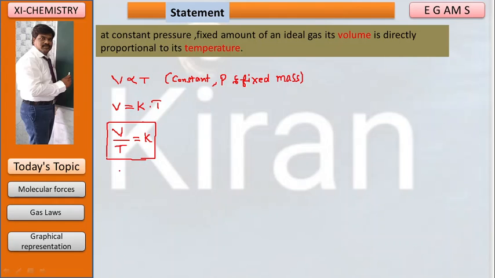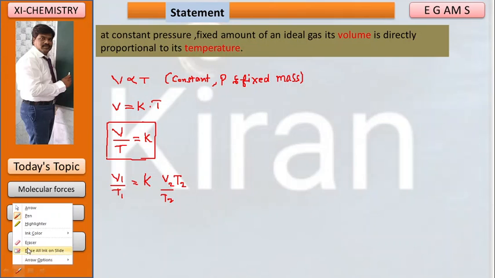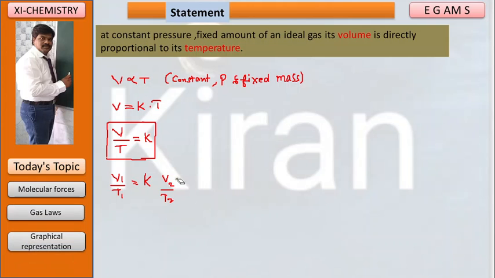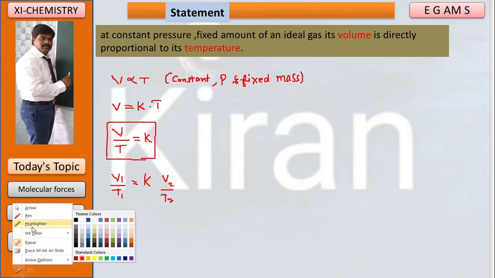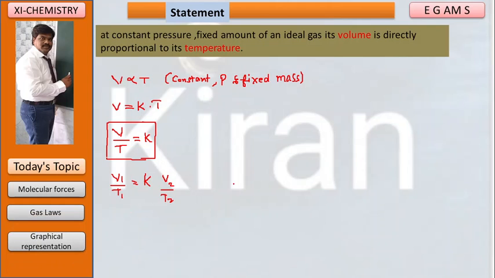In case of two different conditions, V1 by T1 is equal to K and V2 by T2 also is equal to K. So based upon these two equations, we can write the final equation with respect to two different conditions.